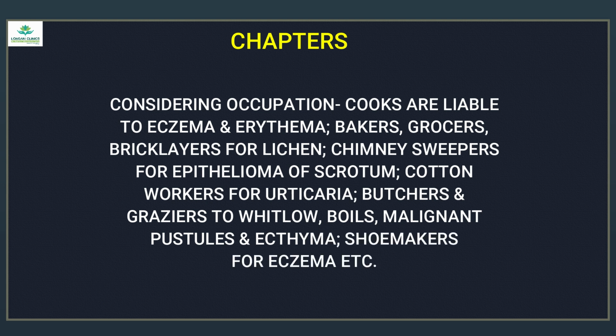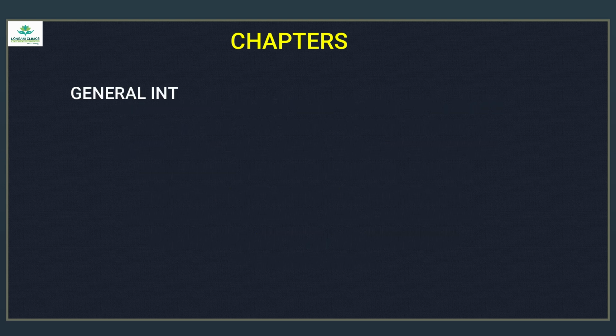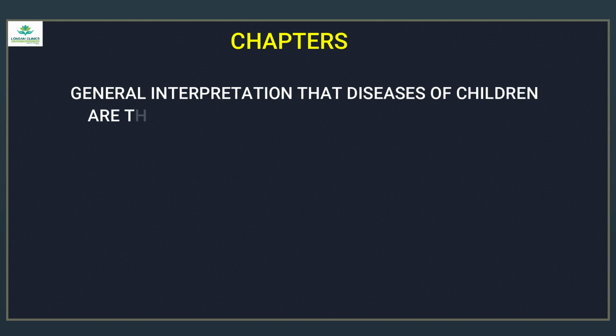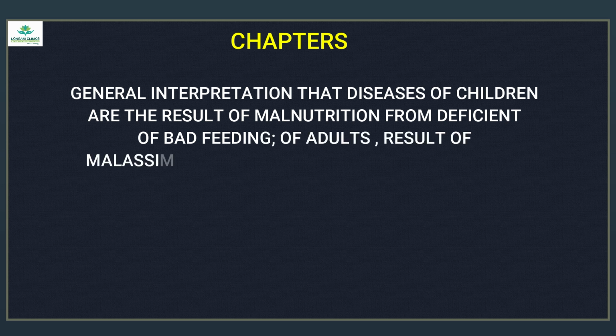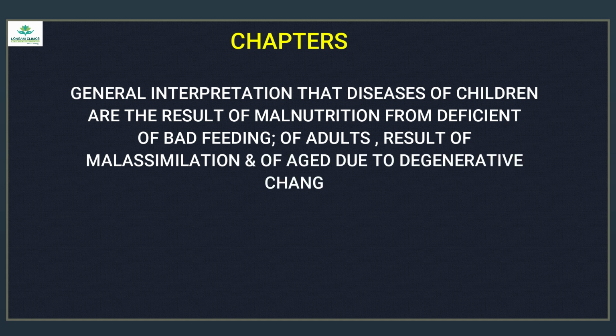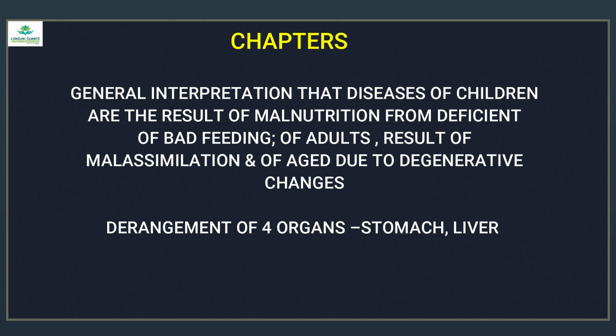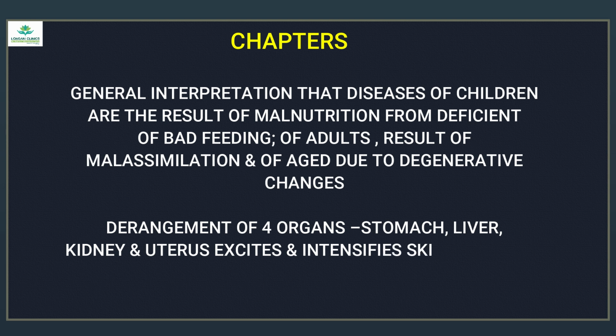Shoemakers for eczema, etc. Then comes the general interpretation that diseases of children are the result of malnutrition from deficient or bad feeding, of adults, results of mal-assimilation, and of age due to generative or degenerative changes. Then comes the derangement of four organs: stomach, liver, kidney, uterus, which excites and intensifies the skin mischiefs.